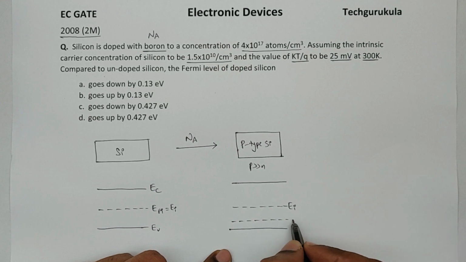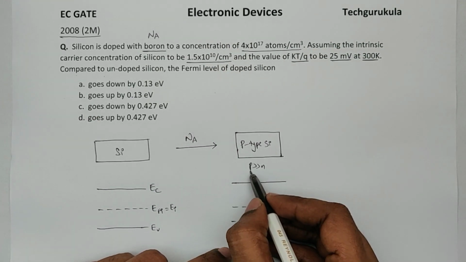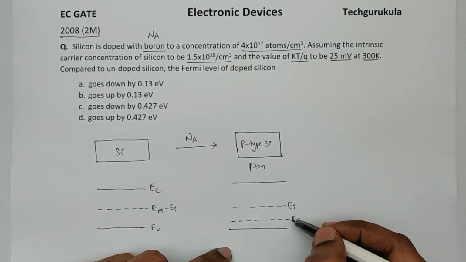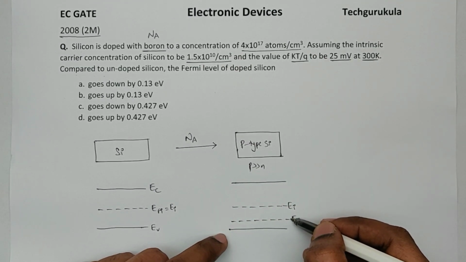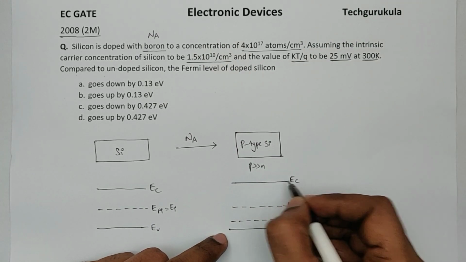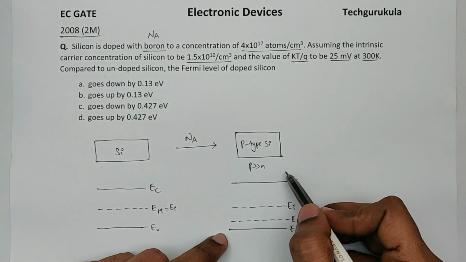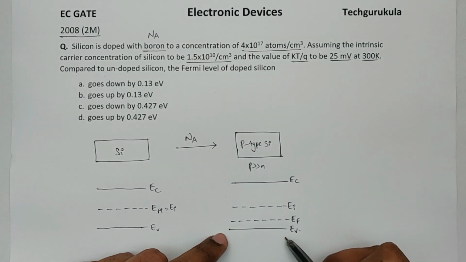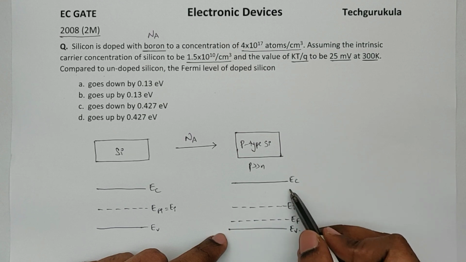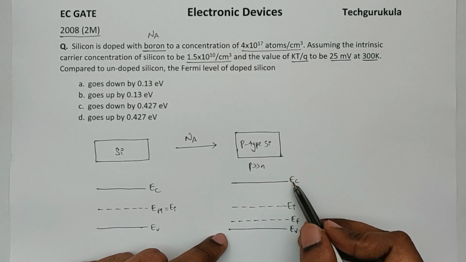We have seen this because hole concentration is far greater than electron concentration. EF will be below EI and it will be close to EV. Whereas if it is n-type semiconductor, where electron concentration would have been higher compared to hole concentration, EF would have been on the upper half of this energy band gap.